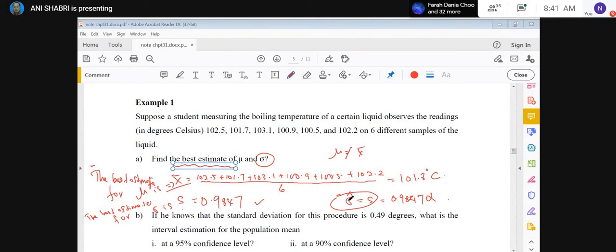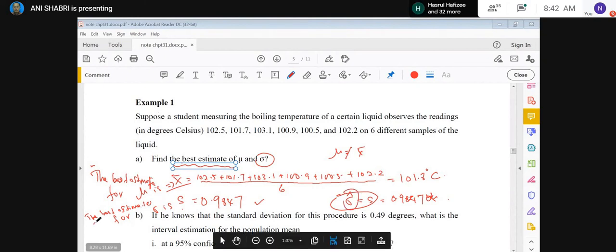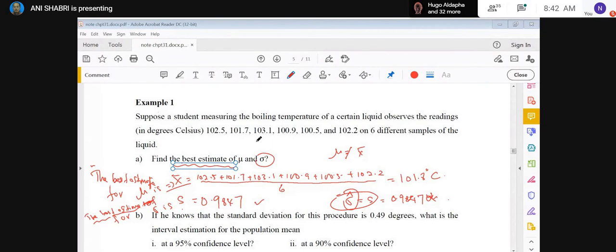This is just the estimated value of sigma. You can write it like this with a hat, or using sentences: the best estimate for sigma is S, equal to 0.9847. Okay, number one is okay.